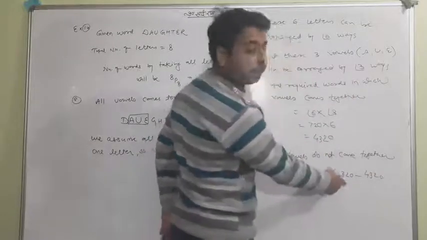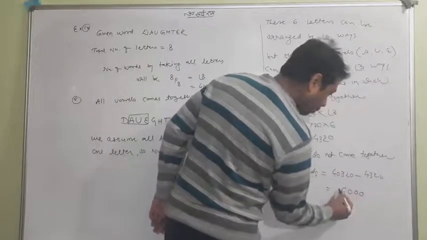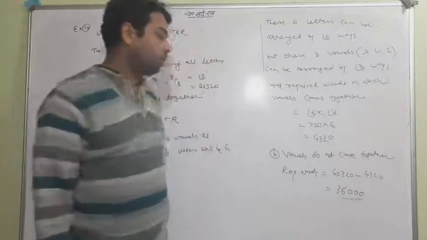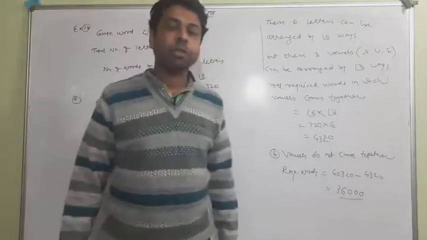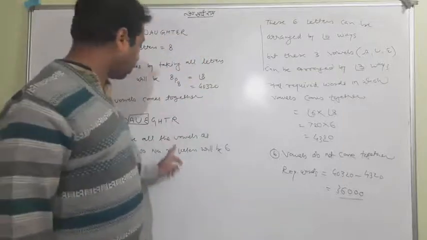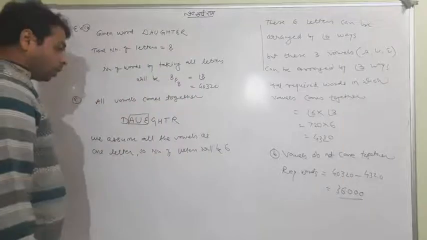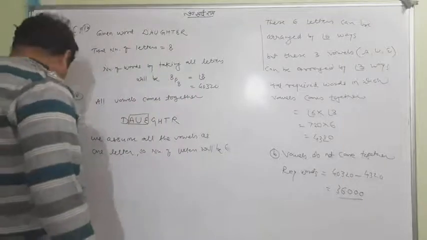This is all possible answer words. We will subtract, definitely we will have 36,000 words in which A, U, E do not come together, and this is the restricted one where vowels come together. So hope you have got it. I don't think it's a bit tough. It's very easy, very easy.